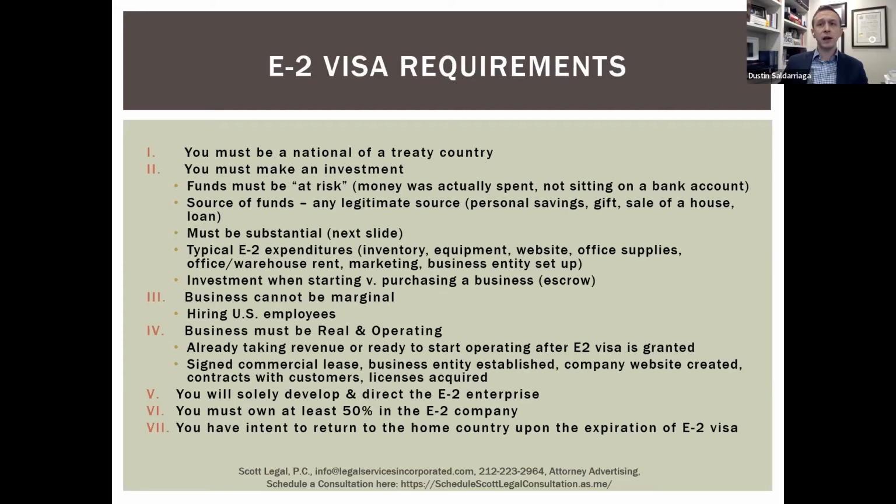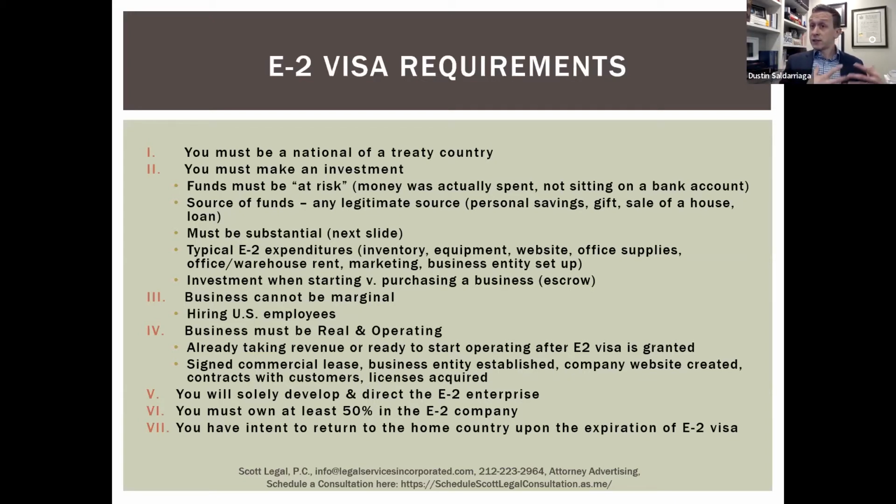And finally, you need to have the intent to return to your home country upon the expiration of the E-2 visa. Again, the E-2 visa is a non-immigrant visa, so you do need to intend to return home. Now, with the E-2 visa, government officials are a little less strict than with other visas. So for example, it is explicit in the immigration regulations that you actually don't need to own a home abroad to enter the US on an E-2 visa.